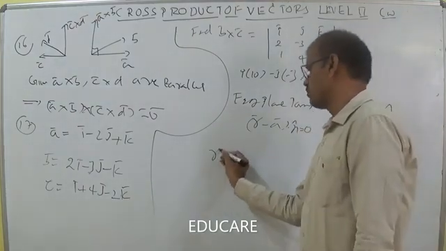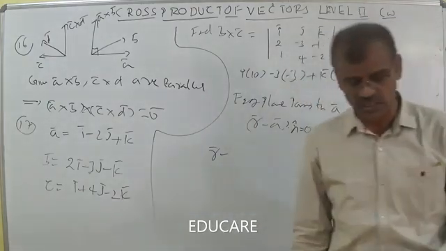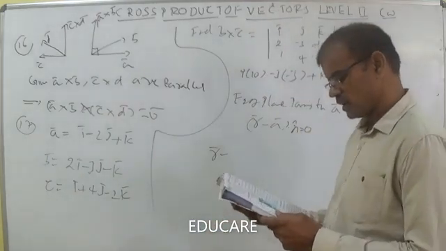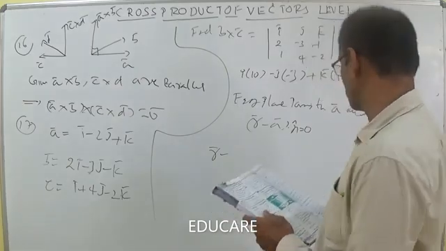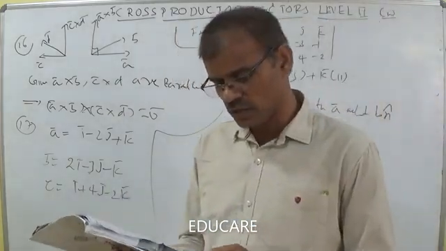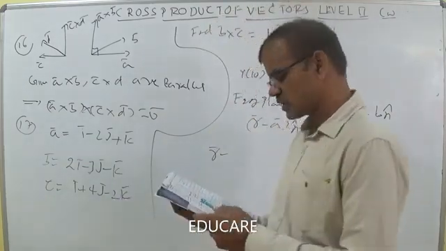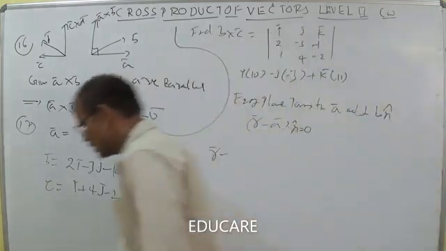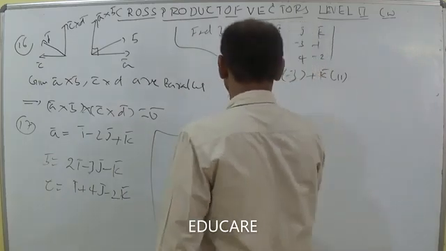Let us see in the options whether the Cartesian equation or vector equation is given. It is given in vector equation. For the 17th question, the vector equation of a line passing through the point is not in the form of a Cartesian equation, so let us write it in the form a bar plus t b bar simply.